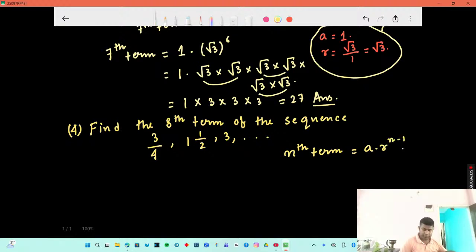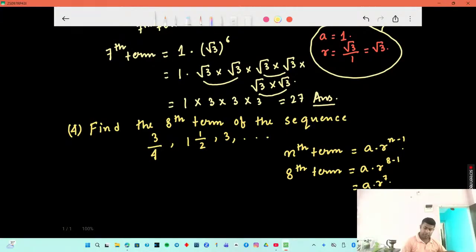We have to find the eighth term here, so we will put the value 8 in place of n. It comes as a into r to the power 8 minus 1, which is a into r to the power 7. Is it clear how to find the eighth term? The formula for the eighth term will come as a into r to the power 7.